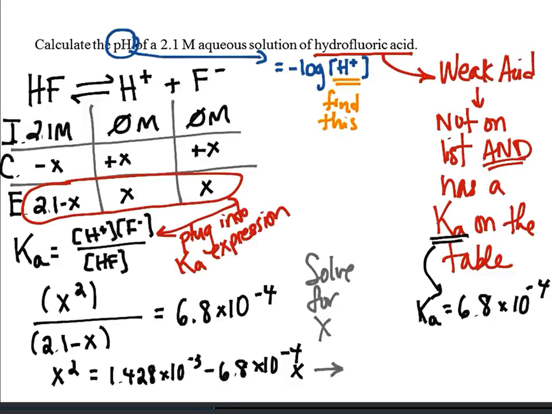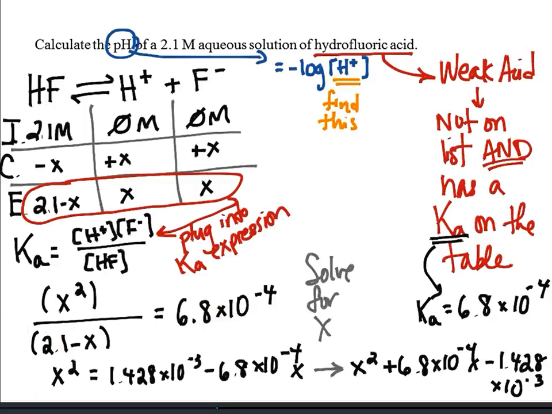Yay, algebra! So if we rearrange this expression, we get the quadratic x squared plus 6.8 times 10 to the minus 4 x minus 1.428 times 10 to the minus 3. This is the value I got when I multiplied 2.1 times this value. So I basically moved this binomial expression over to the other side, and I already multiplied them together, right?